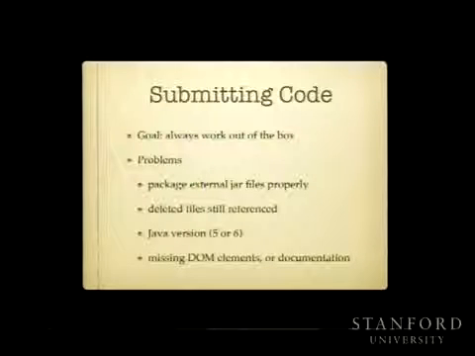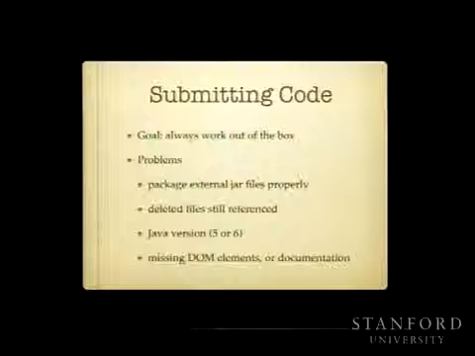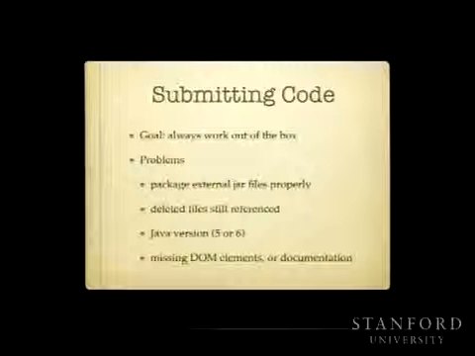The most common thing we ran into was that people put absolute file references to the external jars that they included with their projects, and so we had to either download them again, or if we happened to have them on our system, we had to link to them.